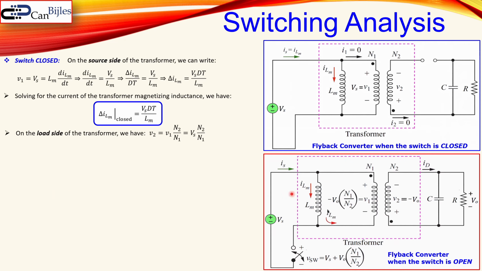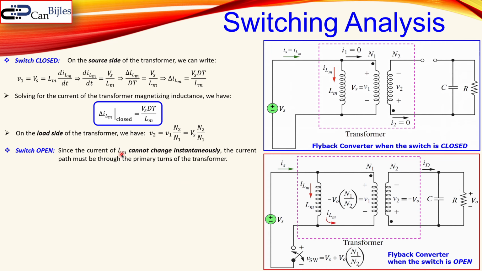Okay, now let's go to the situation where you have the switch open. That's the second situation. Now, since the current of Lm cannot change instantaneously, that is the characteristic of an inductor, the current path must go also through the primary side. So it must be through like that. You see this switch is open, so we don't have any connection here with our Vs. The stored energy in the Lm must go also through the primary side.